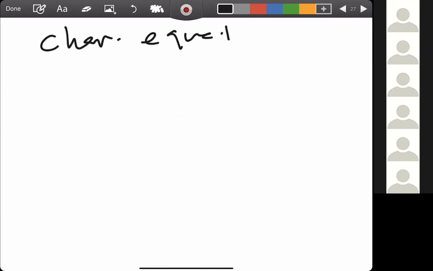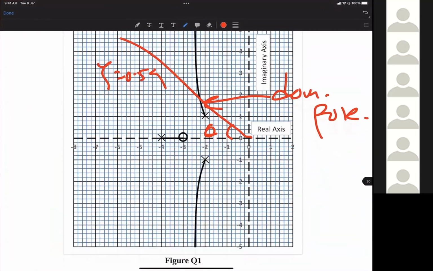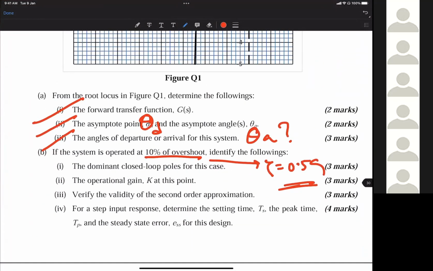The characteristic equation is S cubed plus 8S squared plus 21S plus 20 equal to 0. Why do we have to use the characteristic equation? Because we want to verify the second order approximation.